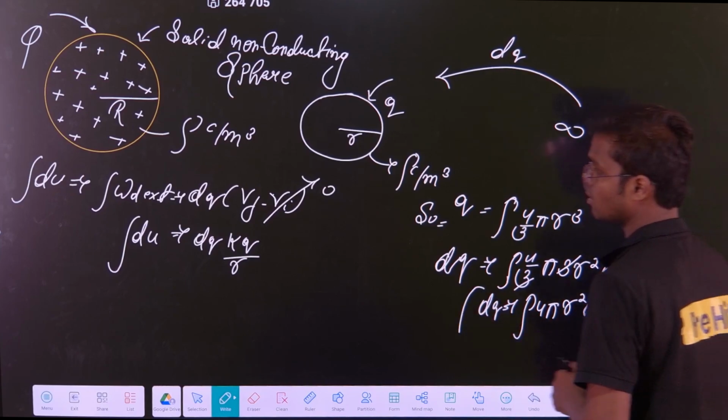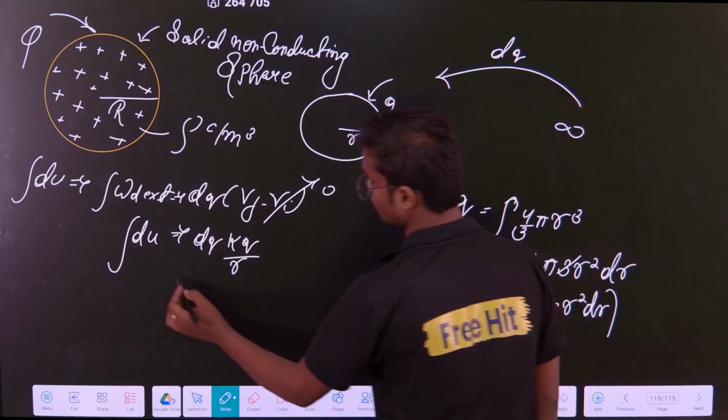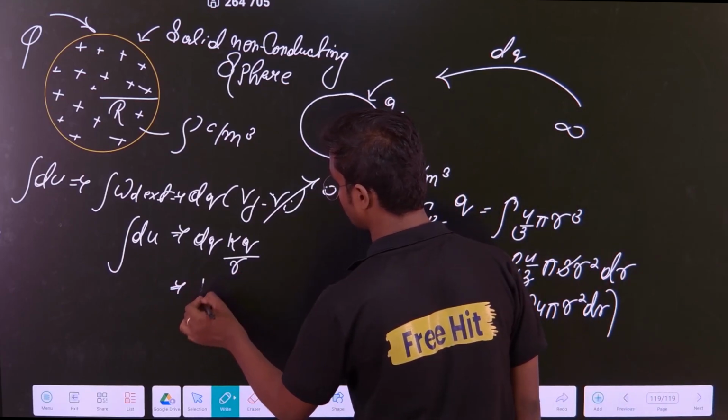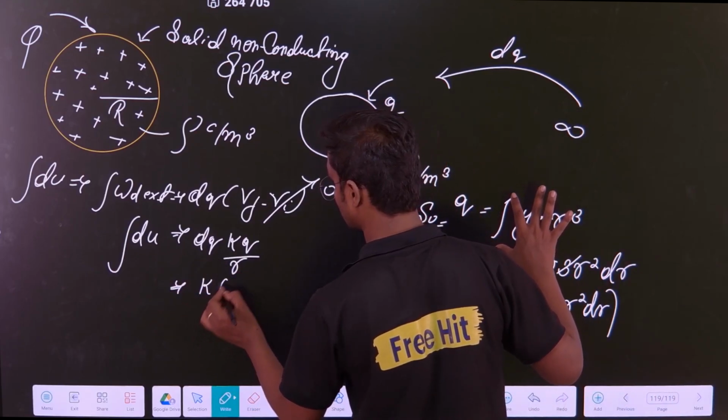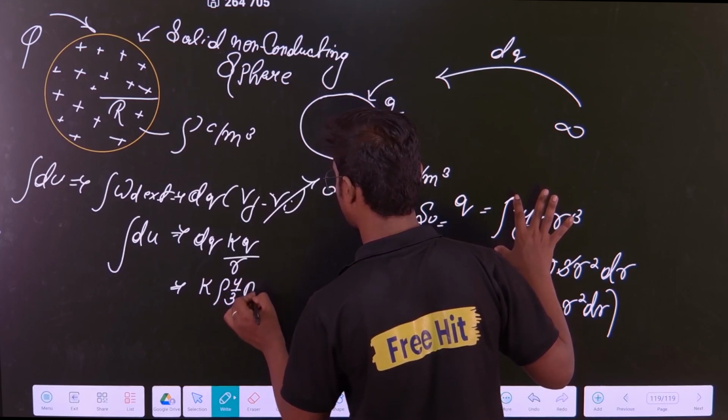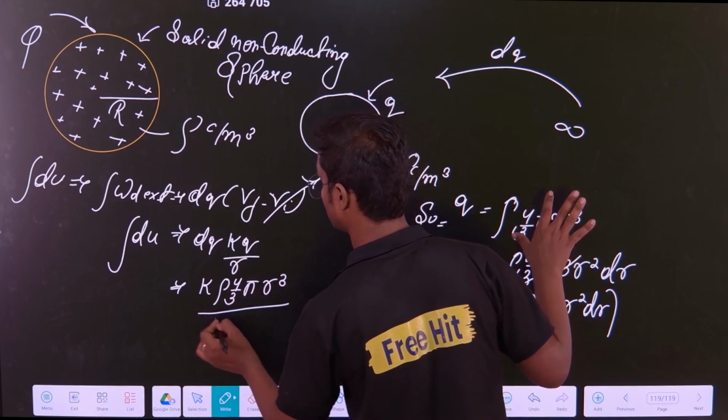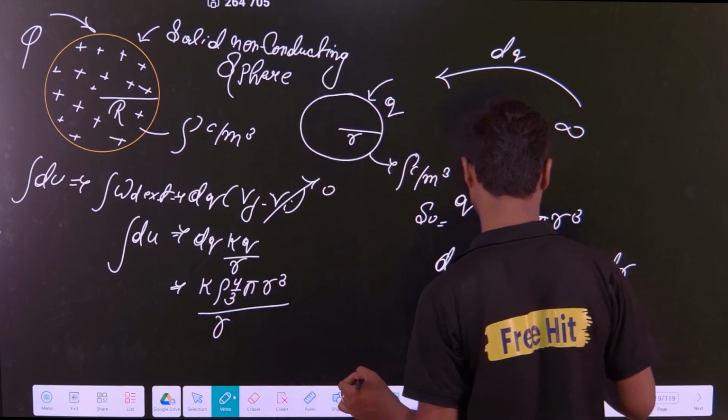And what is the q value? This much, so put it here. If you put everything here, the q value is rho 4 by 3 pi r cubed, by r, and this value is dq.